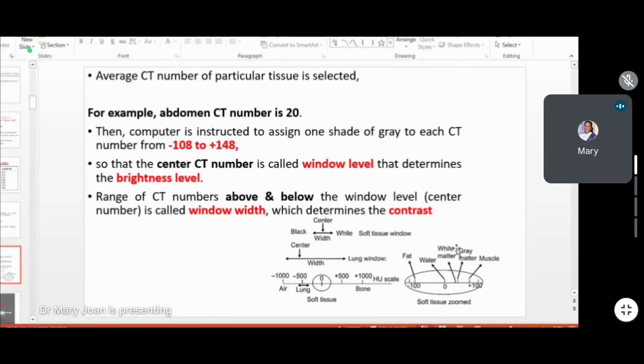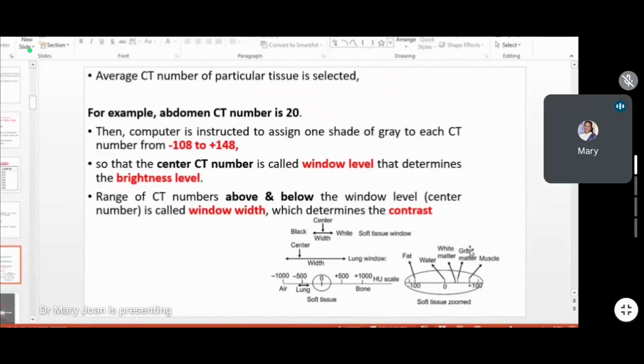So the window levels or the central CT numbers for each of the tissues are shown here on the HU scale, the CT number scale. Fat is represented with an average value of minus 100, and water is 0, normalized to 0 on the scale.